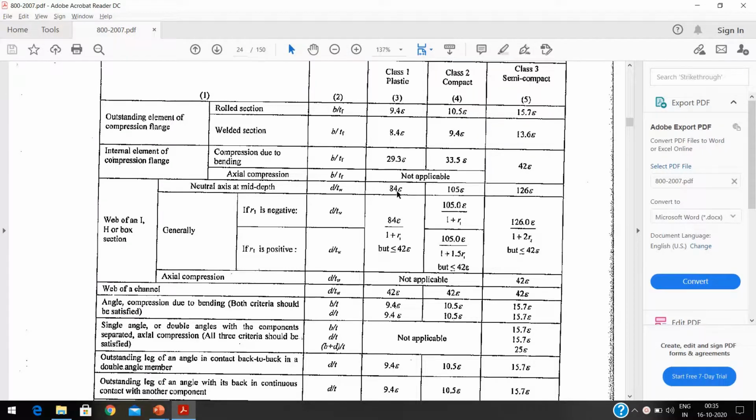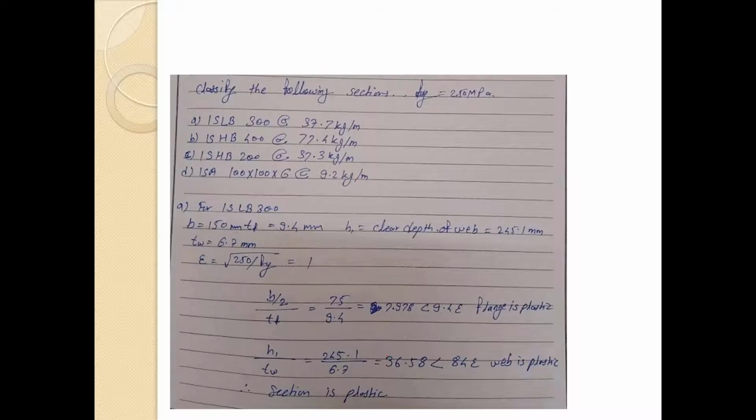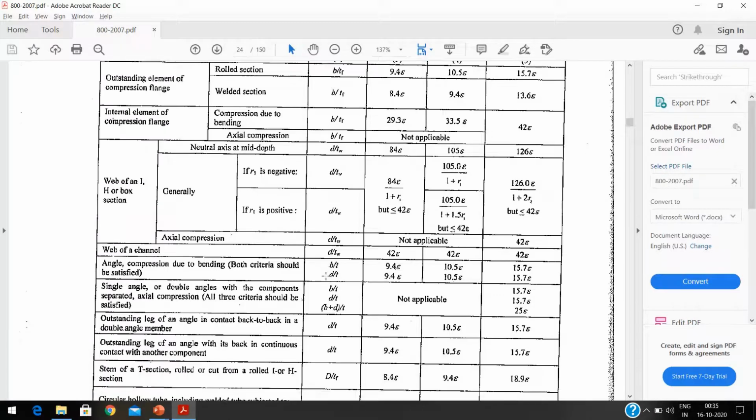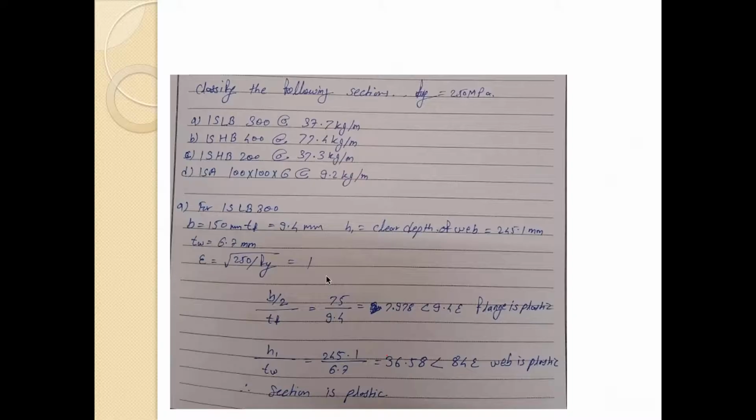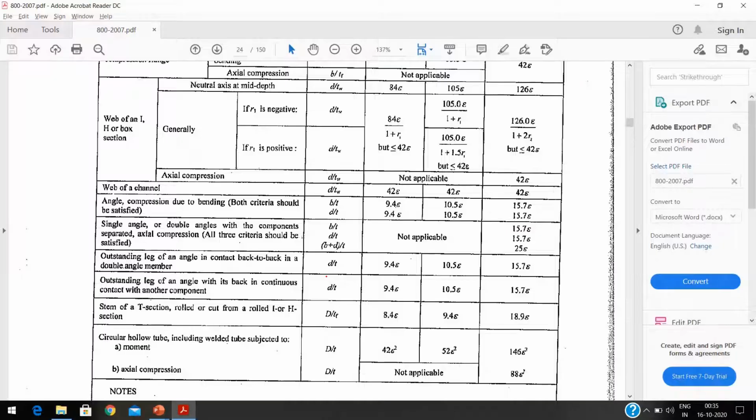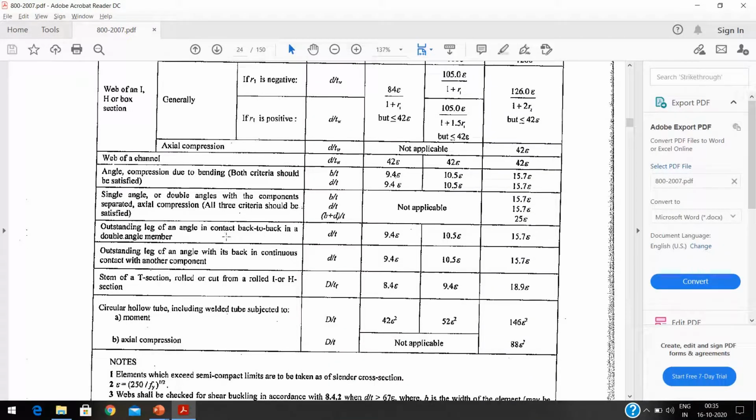So it is lesser than 84 epsilon. So the web is plastic, and for the outstanding leg of the flange, which we consider like an angle member, it is lesser than 9.4.